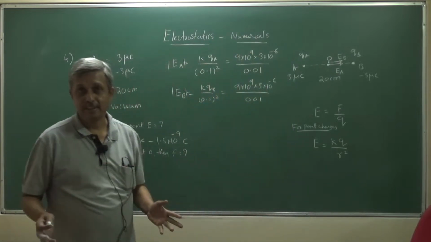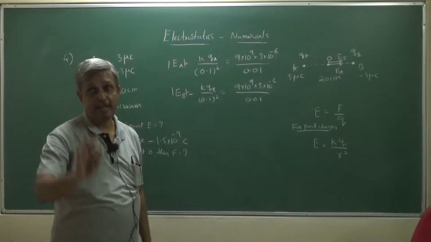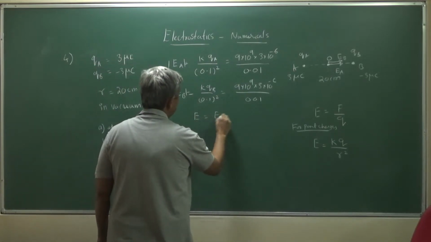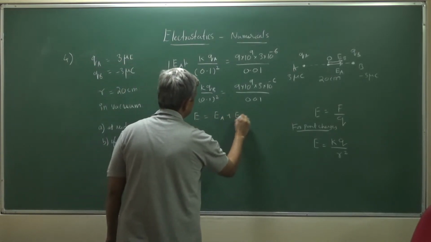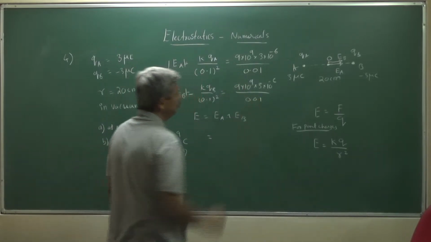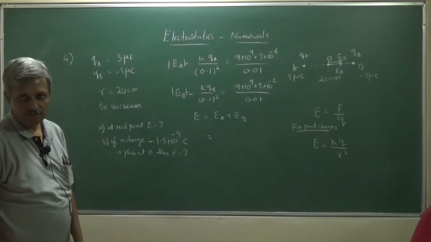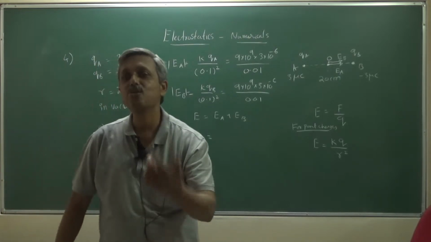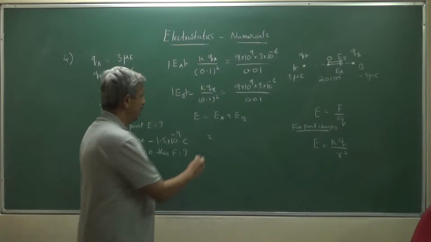They are in the same direction. If they are in different directions, you have to construct a parallelogram. Now, total E is equal to EA plus EB, which is nothing but this. I am going to add these two. Since these two are the same, it is 2 into one of them. I will write it as 2 into.